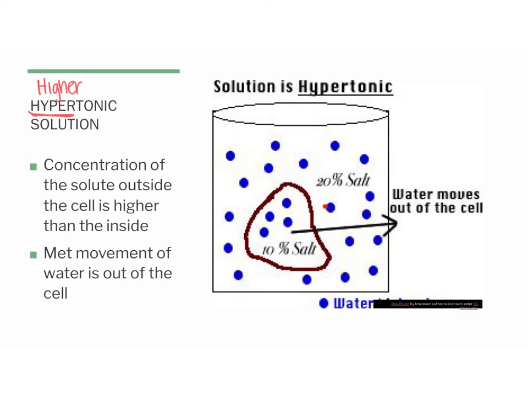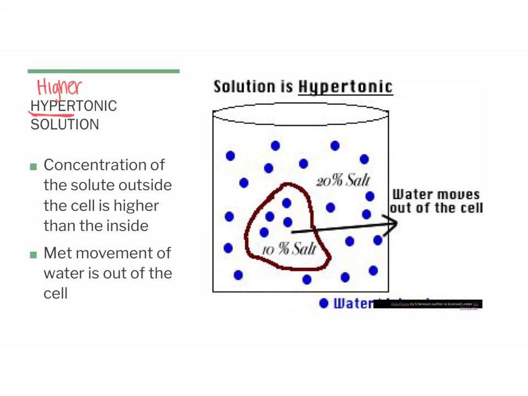So if you look at this environment, on the outside there's a 20% salt solution, whereas in the inside of the cell, there's only a 10% salt solution. So the higher concentration is on the outside of the cell. And so water is always going to move towards that higher concentration. Therefore, water is going to move from the inside of the cell to the outside of the cell.